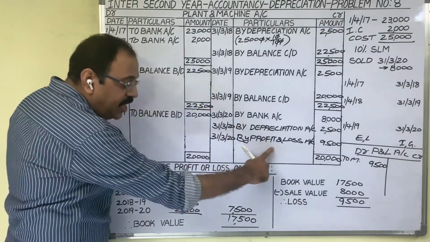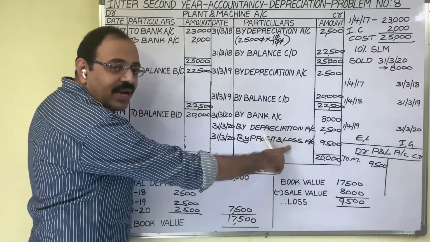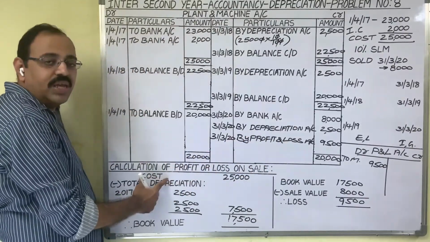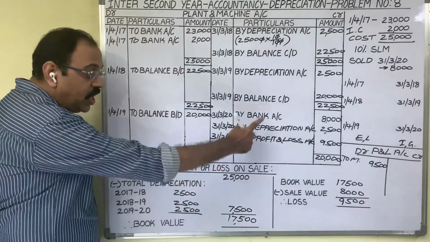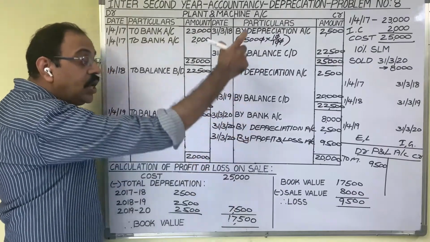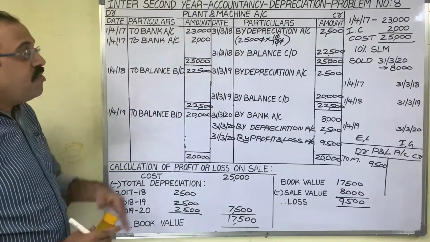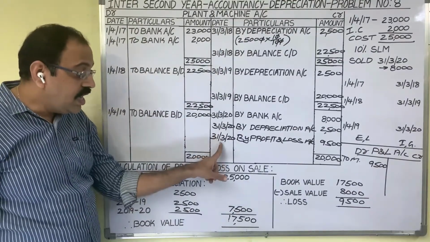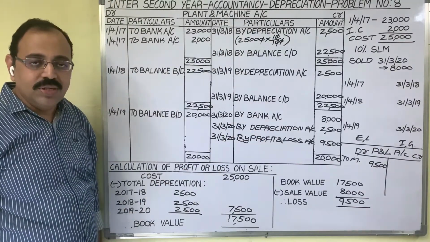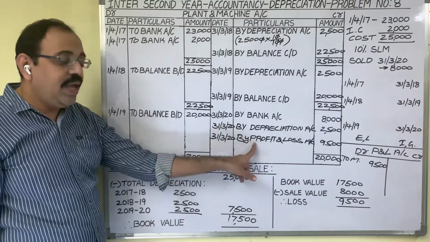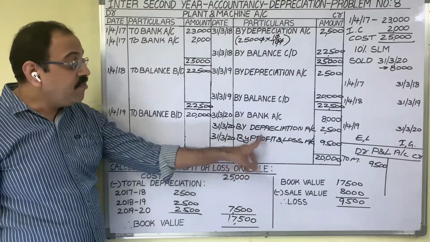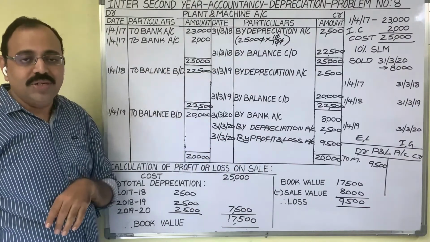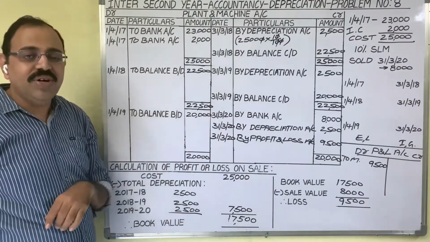But here there is no balance carried down, so you cannot continue this account for the fourth year. Therefore, in case of sale, he need not mention in the question for how many years we should prepare that account. Up to the sale date, we have to prepare the account, because on that day, by writing profit or loss, automatically you are going to close that account. You cannot continue that account further.